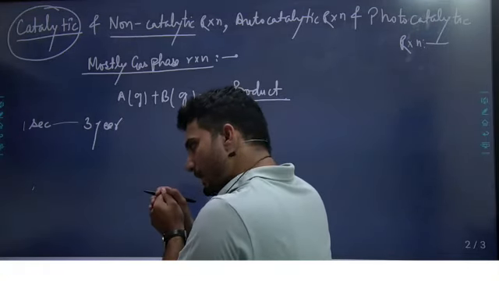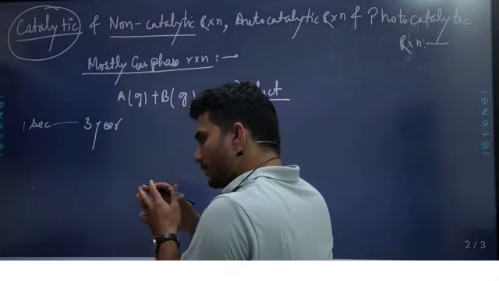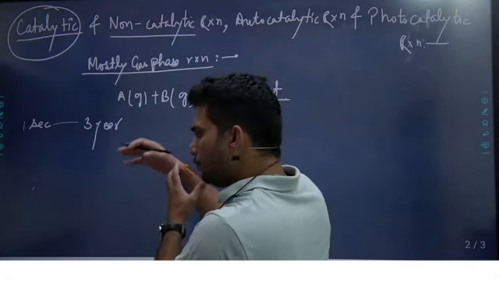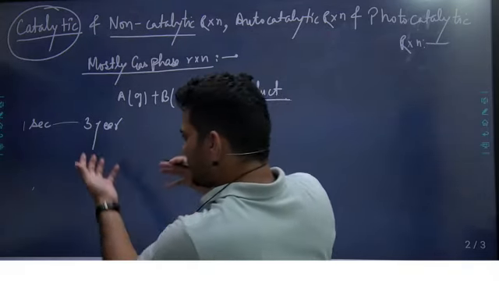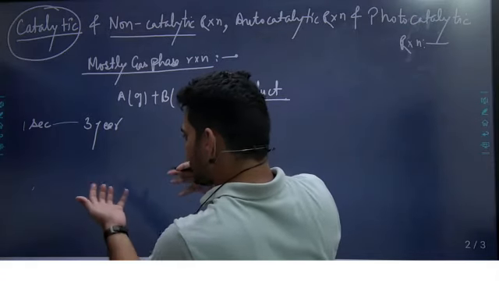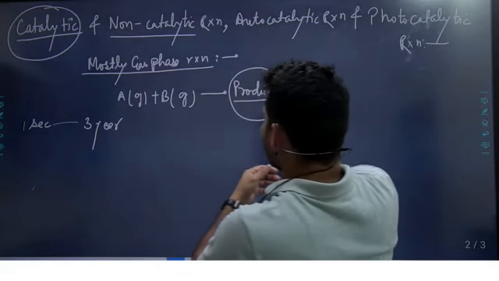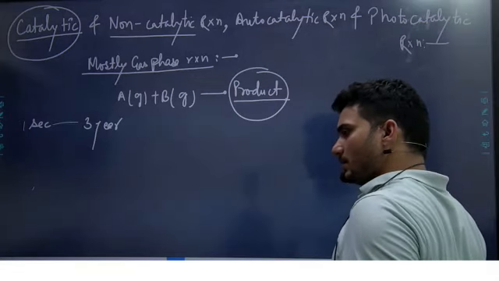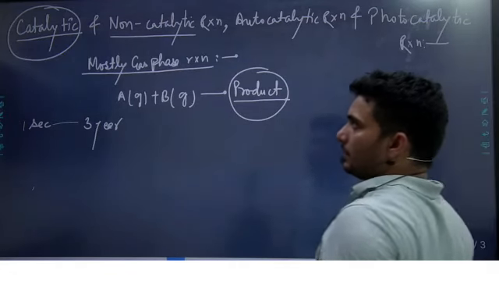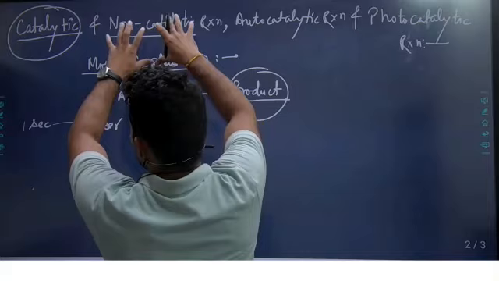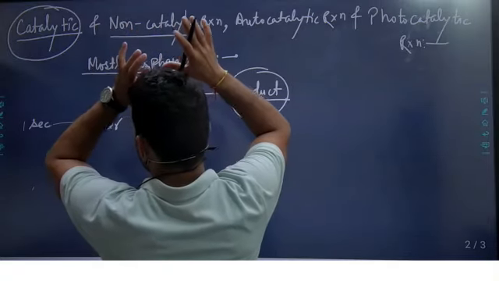They will collide, bonds will break, after that new bonds will be formed, and a new chemical substance will be formed. So we easily find the product. Mostly for gas phase reactions we will not prefer a catalyst.